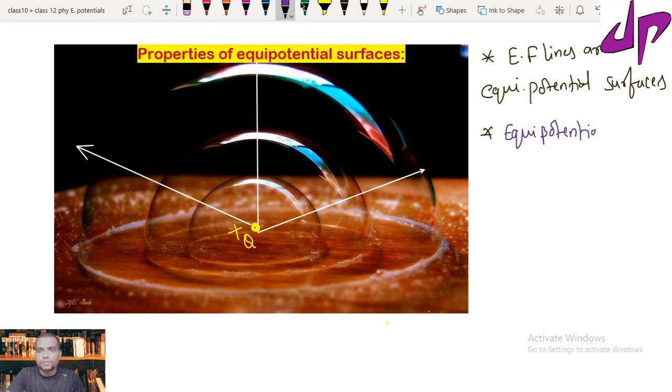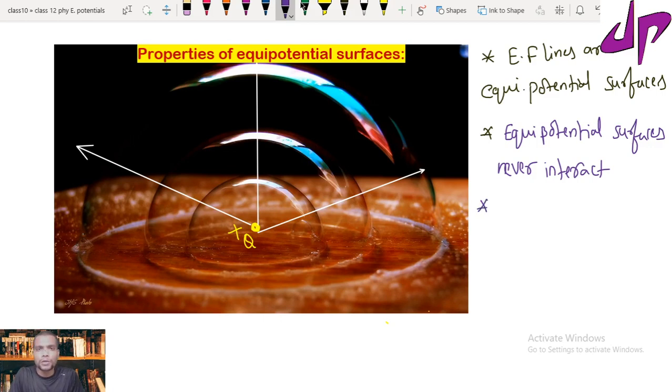Equipotential surfaces never intersect. This is a property because we are selecting equipotential surfaces at different locations, so the distance is different from the source charge. So equipotential surfaces never intersect each other.